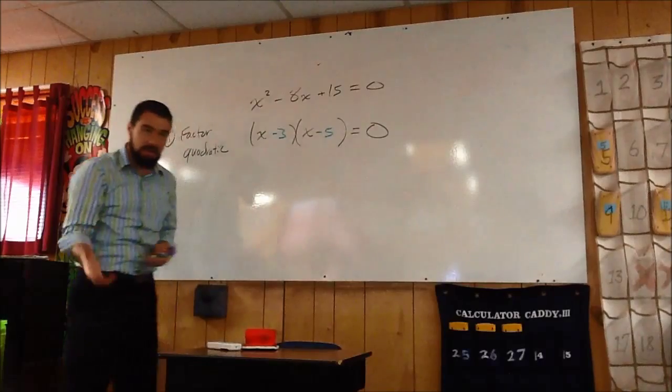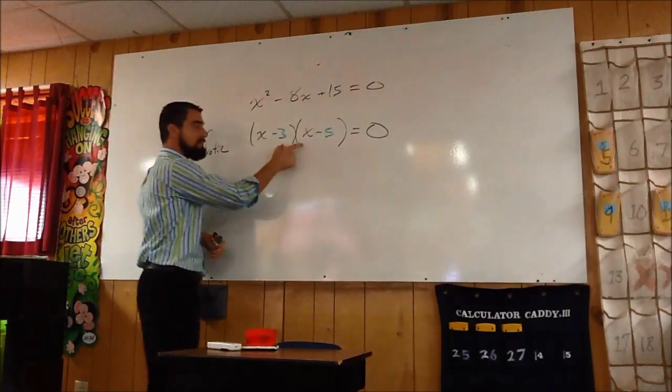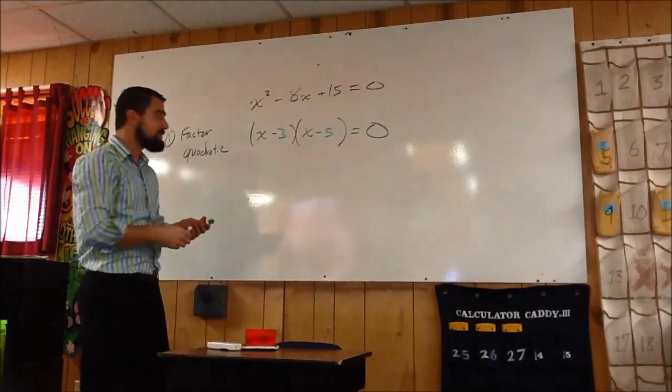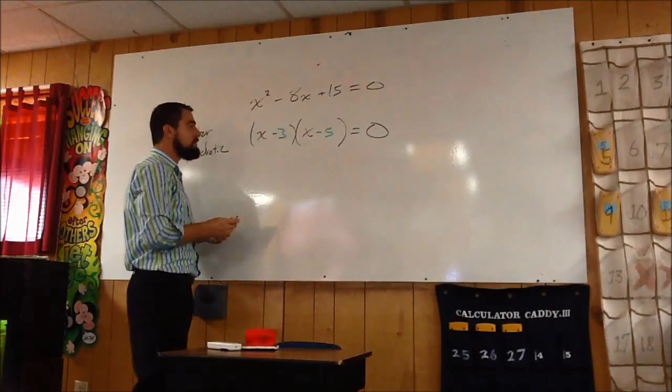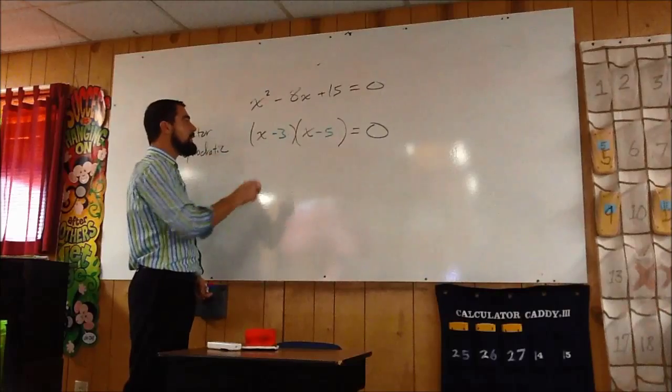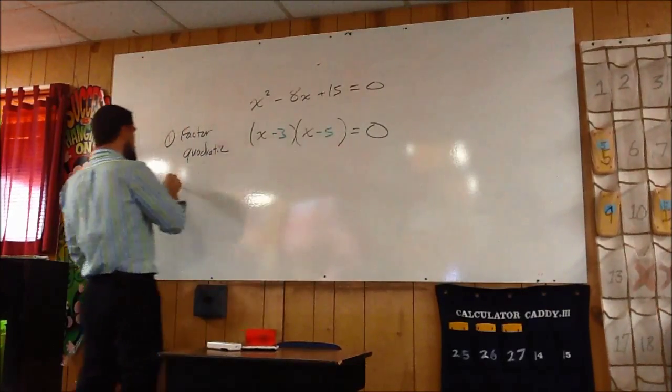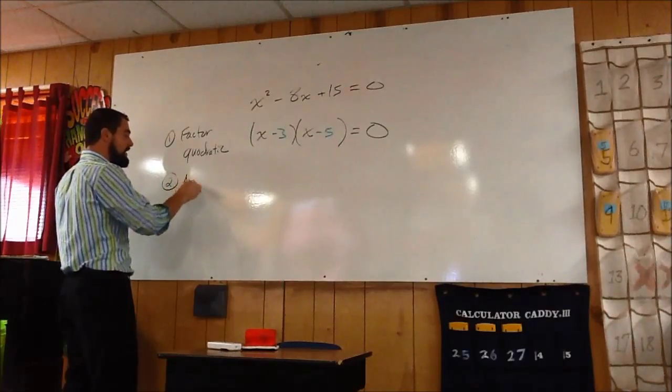You can always check your answer and make sure that if you take the product of these two binomials, it truly does equal that quadratic, but it's right. We'll just keep going on, but it's good to check. For time's sake, we need to move on. But I'm not done. The second step is to apply the zero product rule.